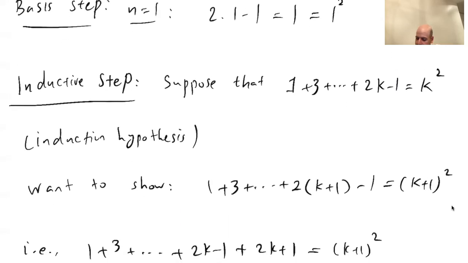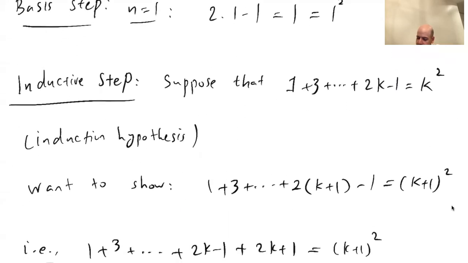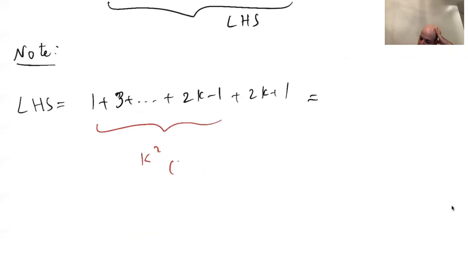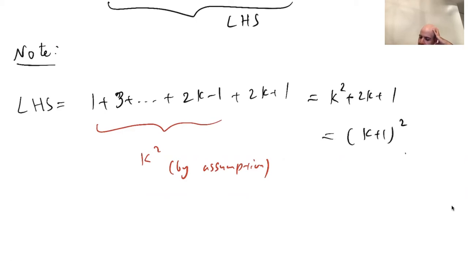By my assumption or induction hypothesis, we said 1 plus 3 all the way to 2k minus 1 is equal to k squared. So the result will be equal to k squared plus 2k plus 1. And then this is, of course, k plus 1 the whole squared, which is what we needed to show.